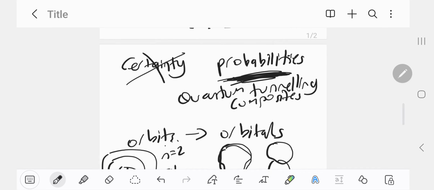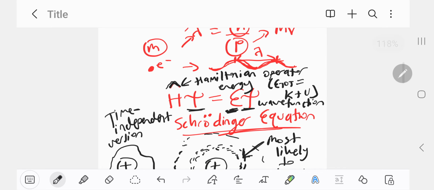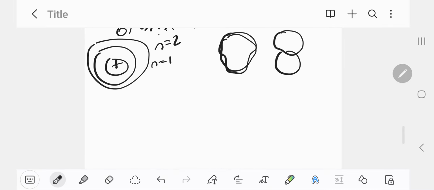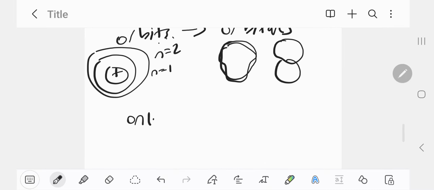Using his equation, Schrödinger showed that only certain wave functions, psi, and hence energy levels, were allowed for the electron in the hydrogen atom. The same quantized levels that Bohr proposed, but now derived from first principles, from pure mathematics, using his wave theory. Remember, the quantum number n means energy level.